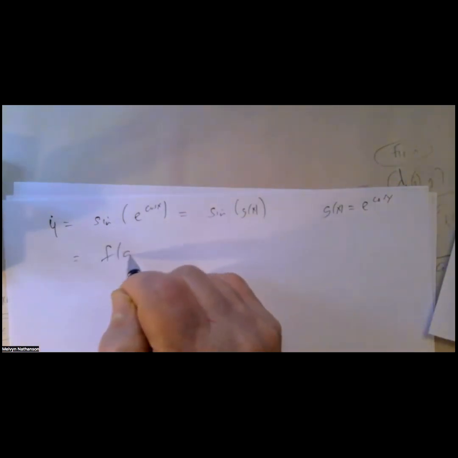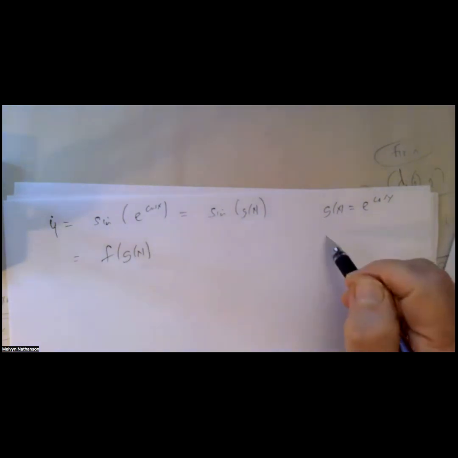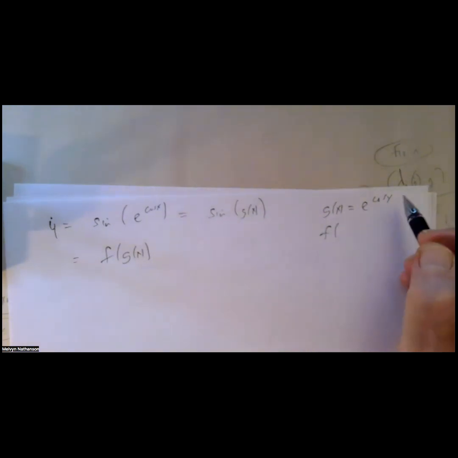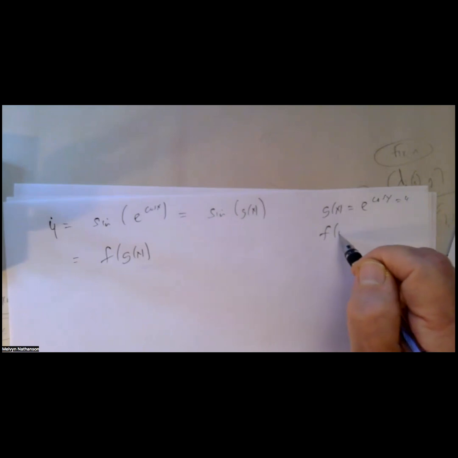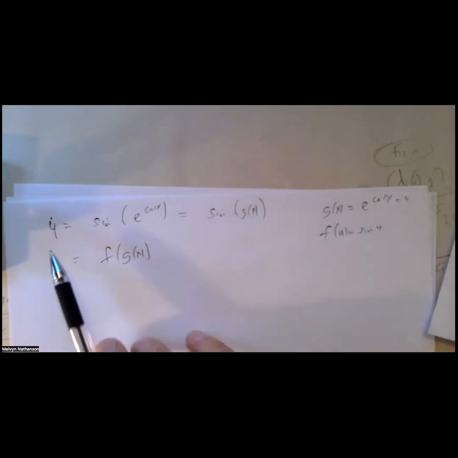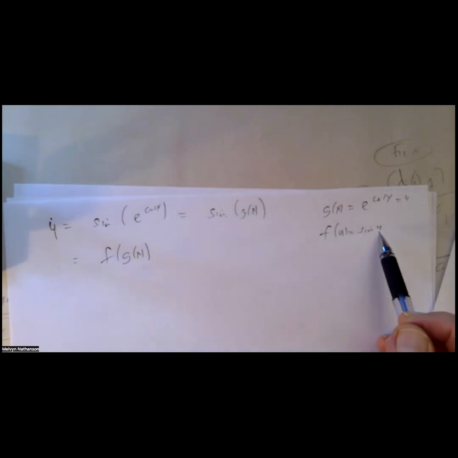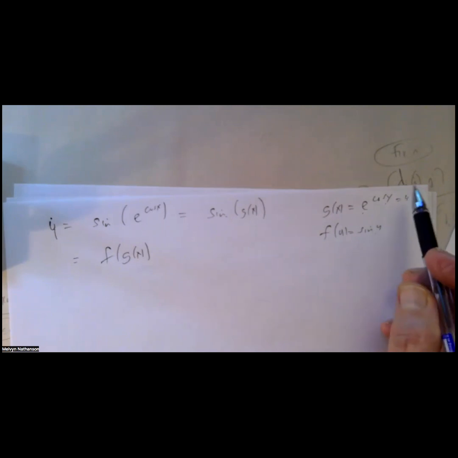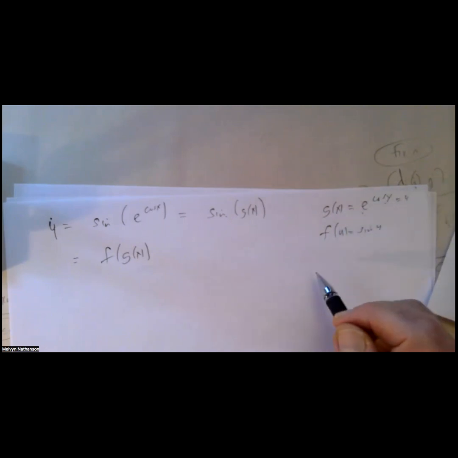And I can write this as f of g of x, where, let's call this u, f of u is equal to the sine of u. So this is a composite of the sine function with the function e to the cosine x. But I'm going to need the derivative of e to the cosine x.